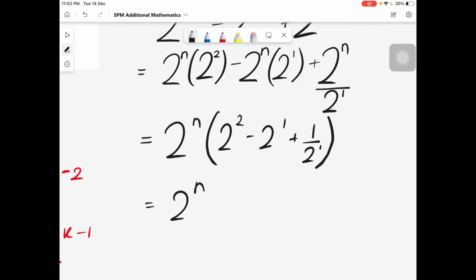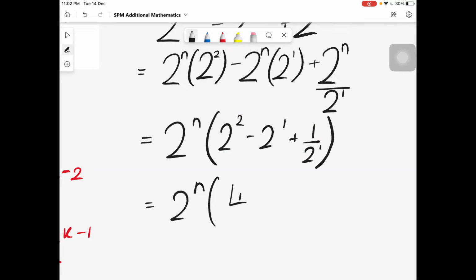We notice that 2 power of n, because these are numbers, can we now expand 2 power of 2 to be 4? Can we then put 2 power of 1 as 2, and 1 over 2 power of 1 is 0.5?